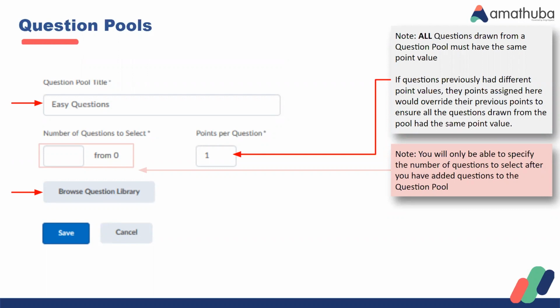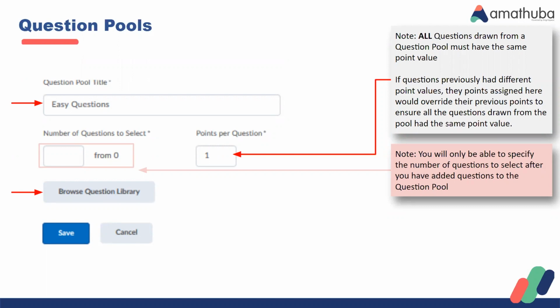Then below that, you'll see it says number of questions to select. In other words, this is how many questions you would like to serve up to the student. How many are going to be answered by the student? Although there's an empty field, you will not be able to type in this field yet because it says number of questions to enter from 0.